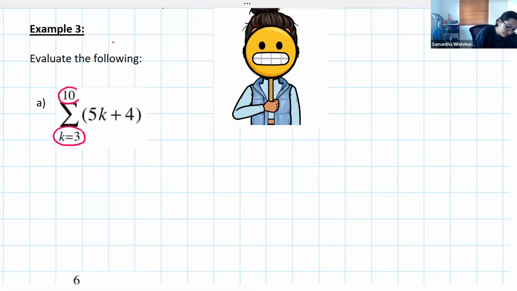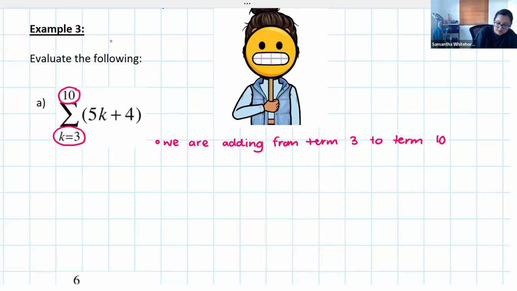So I'm adding from the third term to the 10th term. Now let's not say it's a problem, but we now need to be very careful with what we're doing. So I'm no longer adding term 1 plus 2 plus 3 plus 4. I'm only saying 3 plus 4 plus 5 plus 6 plus 7 all the way up to term 10.